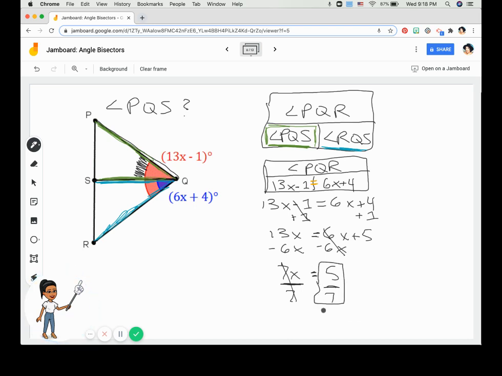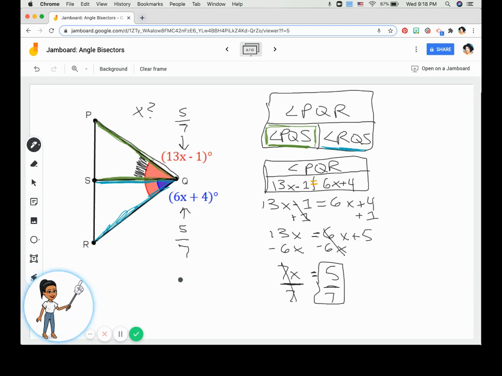So you know what? Instead of solving for PQS, we will just leave it at x, just because we're never going to give you a problem where this is a fraction, but x is equal to 5/7.